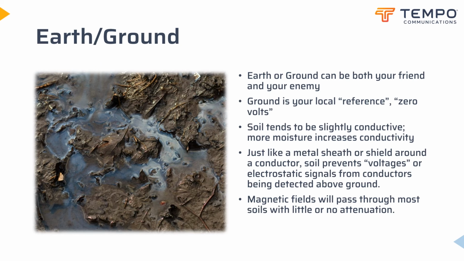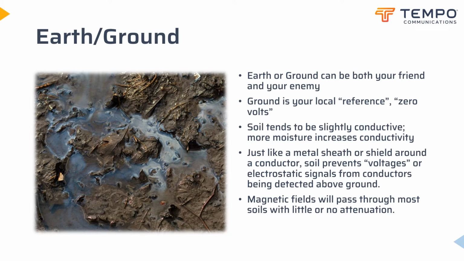Ground, or earth, whatever you call it, ground is the local reference for all potentials. Let's also think of it as 0 volts. Most soils, particularly if slightly damp or moist, also have varying degrees of electrical conductivity.